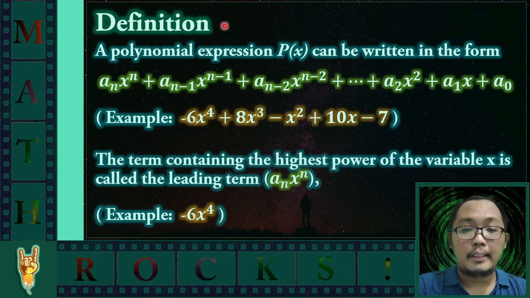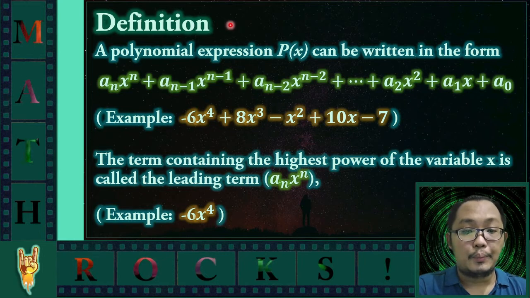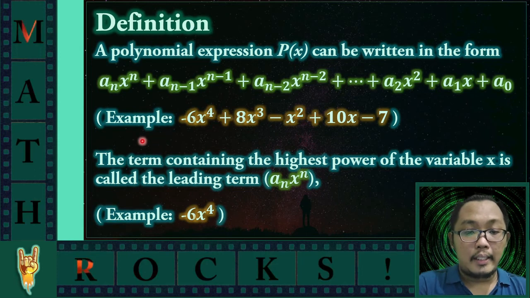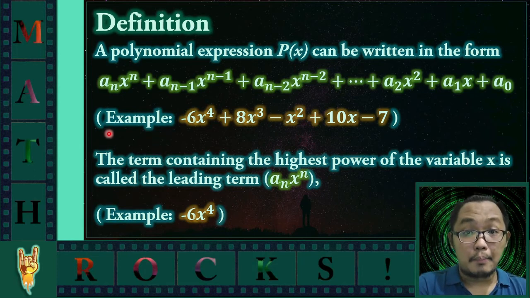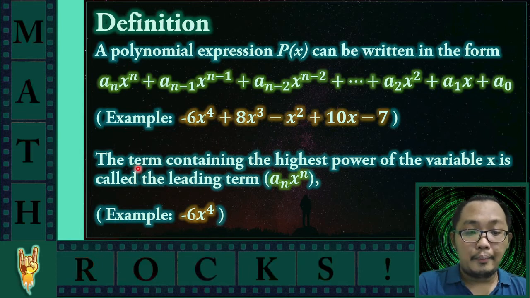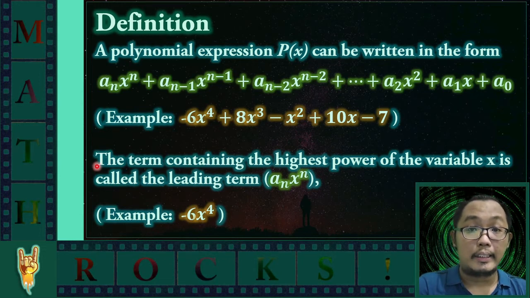And now let us proceed with some terms related to polynomial expressions like this. And here we have an example of a polynomial. The term containing the highest power of the variable x is called the leading term.